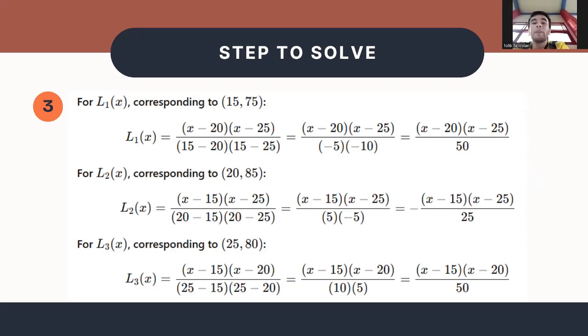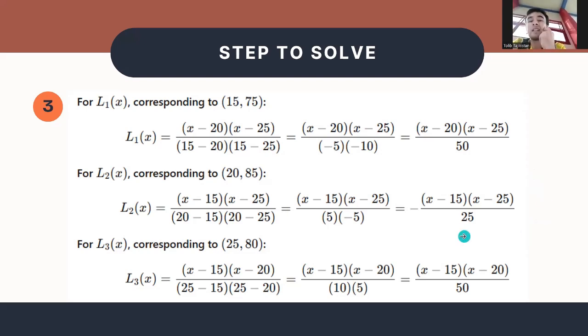L2 of x is equal to x minus 15 times x minus 25 over 20 minus 15 and 20 minus 25, which is x minus 15 times x minus 25 over 5 times minus 5, so over minus 25.